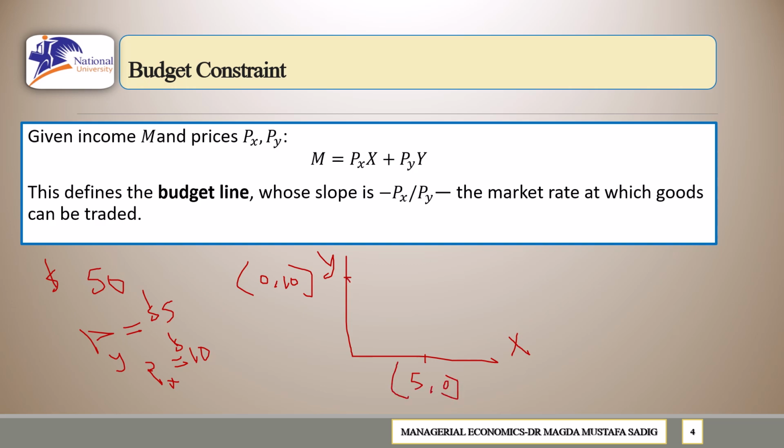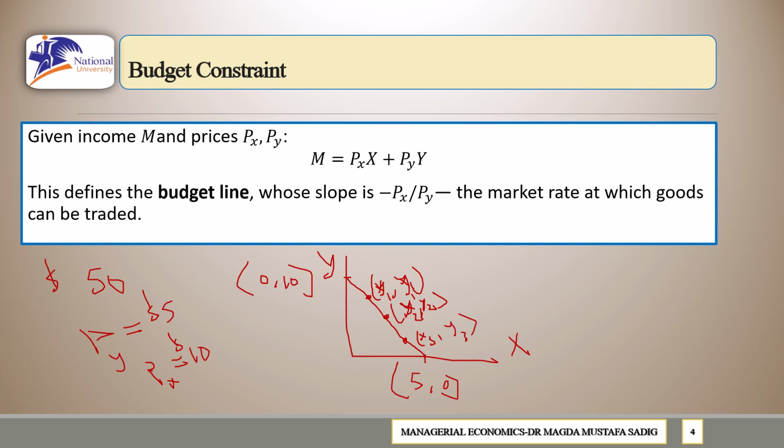Then the line that connects those two extreme points is called the budget line, where the consumer can reallocate his income between X and Y. So he may have X1, Y1, X2, Y2, and maybe also X3, Y3.